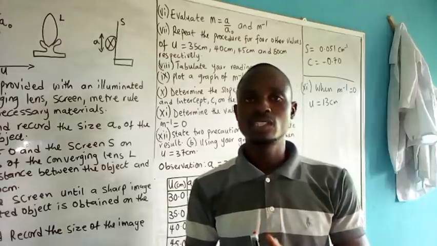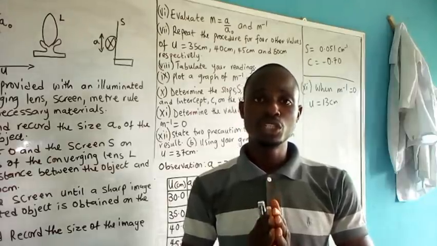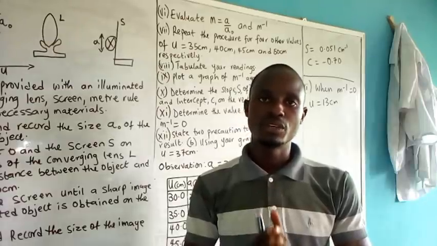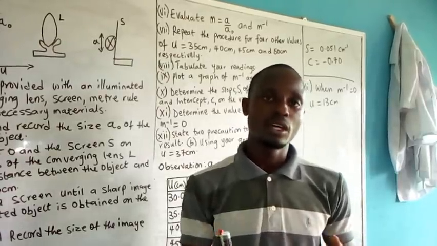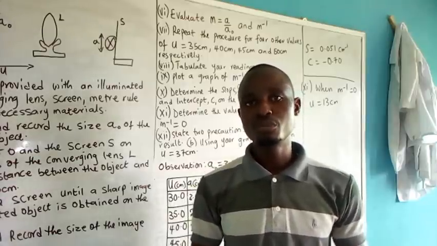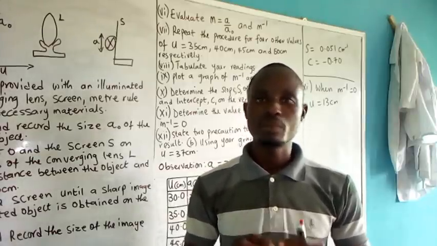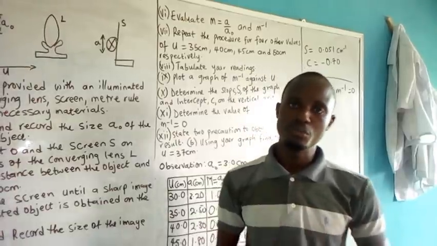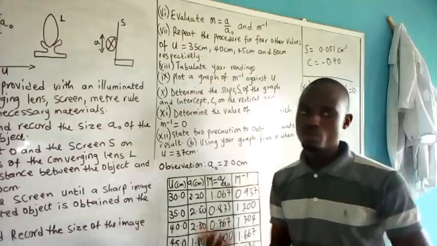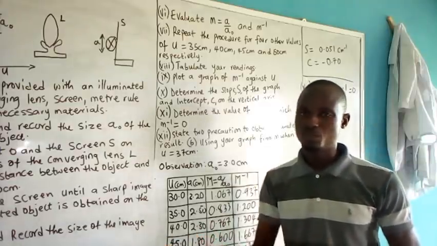And I ensure that I capture the image produced at the sharp point, the sharpest point of the image when it is formed on the screen. You can have more precautions as you proceed on the experiment.